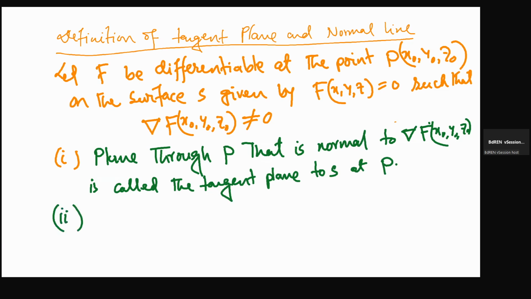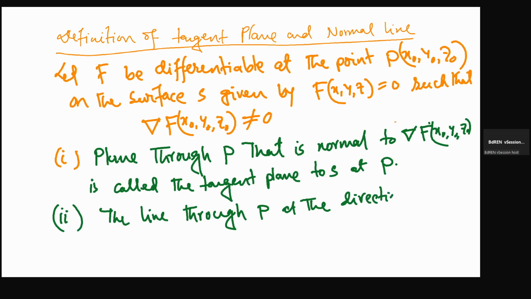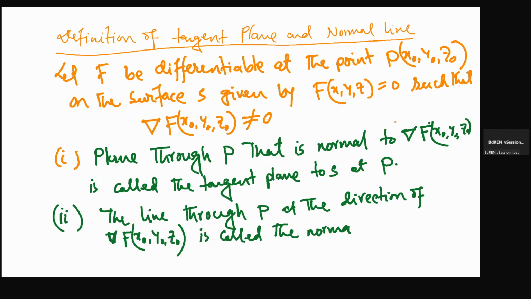And number 2, the line through P in the direction of nabla f of x naught, y naught, z naught is called the normal line to S at P. Do you understand what is the difference between tangent plane and normal line?